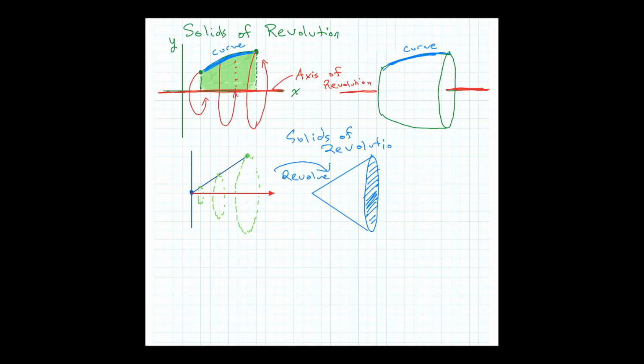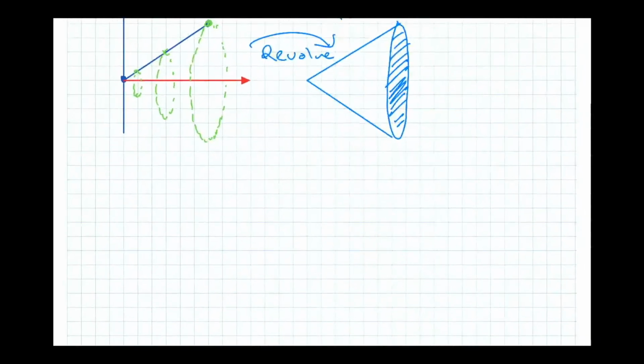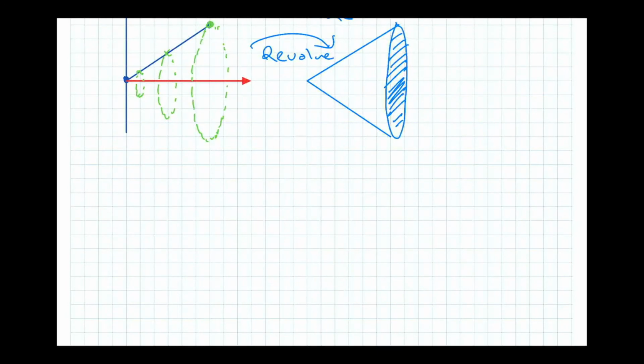Revolve, right? That's what's happening from the picture on the left to the picture on the right. So we're just taking a curve and we're rotating it around some kind of axis, and then we're getting a shape. And sometimes there's even holes in the middle. Let me draw one of those and see what that looks like.